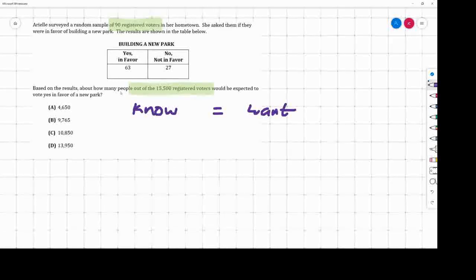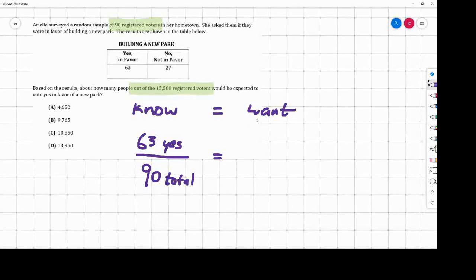And right now we know that out of the 90 registered voters that she surveyed, 63 said yes. So let's set that up as a ratio. So 63 said yes over the 90 total. And we're going to set it equal to what we want to know, right?